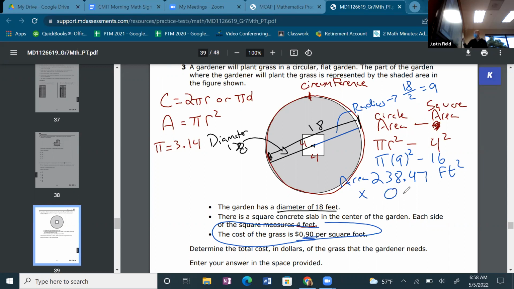We multiply it by 0.90, and that gives us the total cost. When I leave my number there and multiply it by 0.9, I get 214.62. All right, so that's what we got.